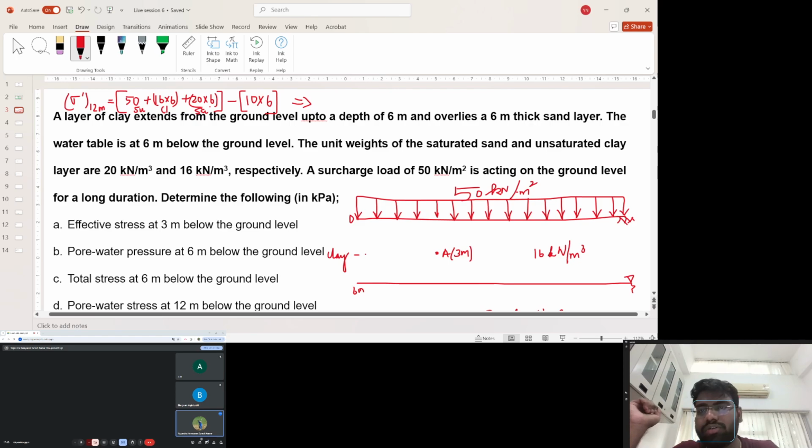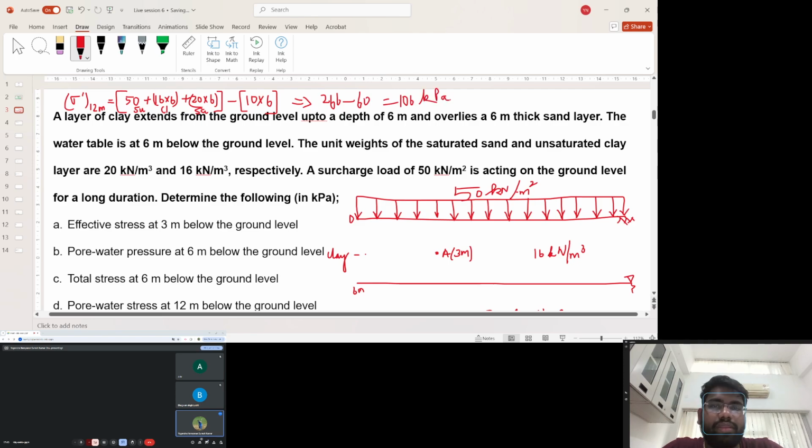We'll get 206, I think, right? 146 plus 120. Yes, sir. So it will come 266 minus 60, which is 206 kilopascal.